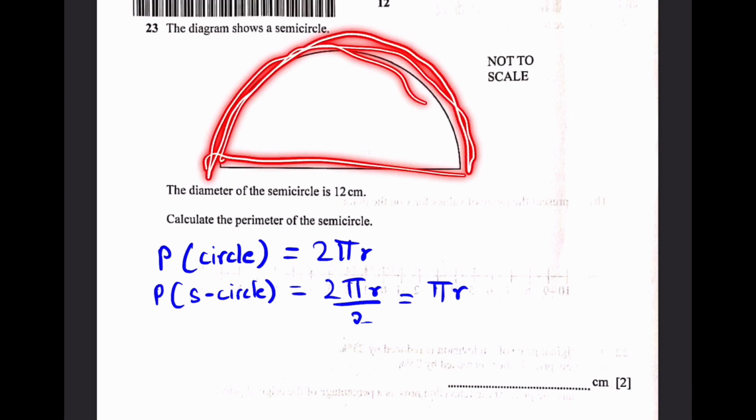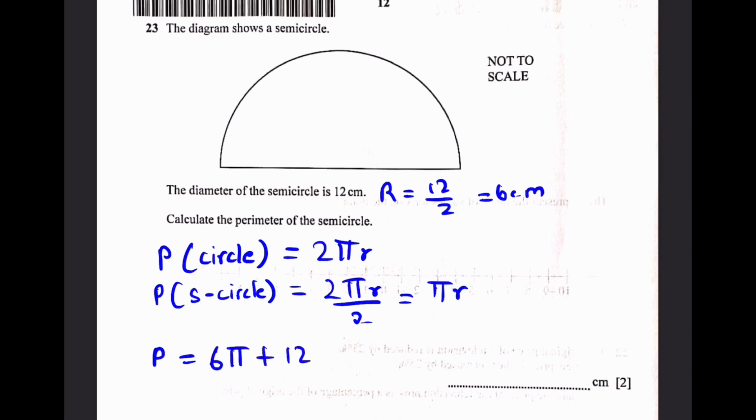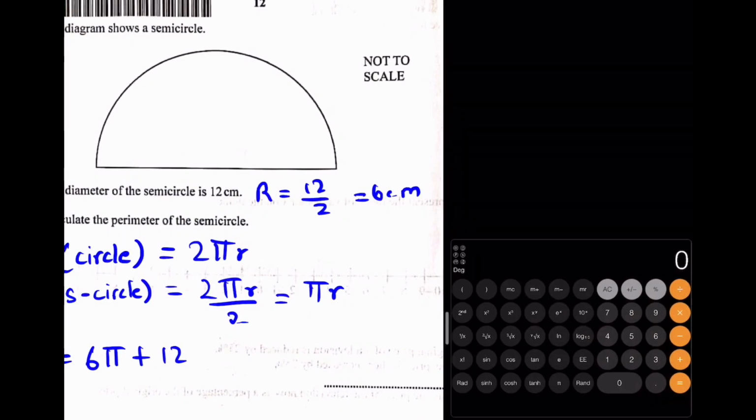And then you have to add this diameter, of course. So the diameter is 12 centimeters. The radius is equal to 12 by 2, which is 6 centimeters. So the perimeter is equal to 6 pi plus the diameter, which is 12. Now let's get our calculator. 6 multiplied by pi, that's 18.849 and so on.